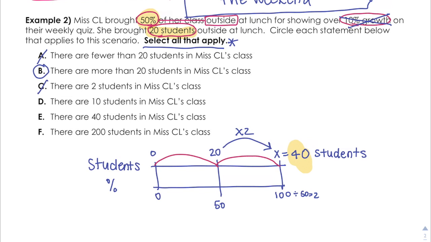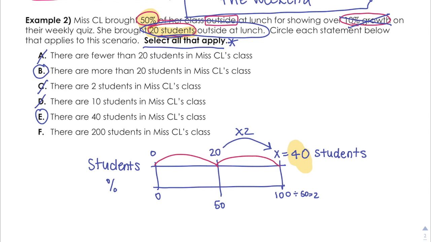Again, for D, there are 10 students in my class. No, I took 20 outside. So how can the total number of students be less than the number of kids I take outside? Okay, letter E, there are 40 students in Miss Ciel's class. Well, according to our work that we've done, we figured that out. There were 40 students total in my class.